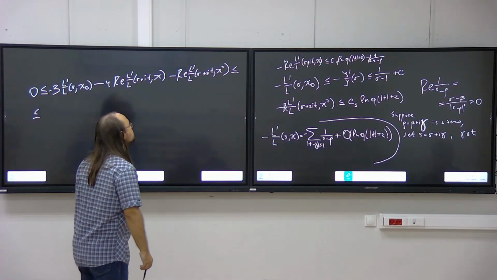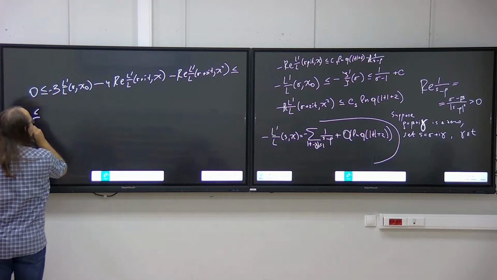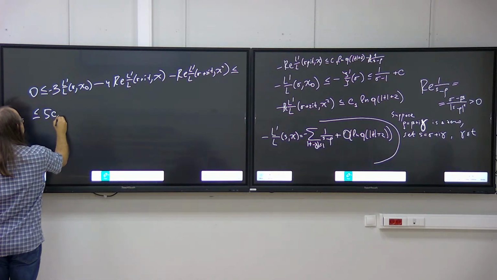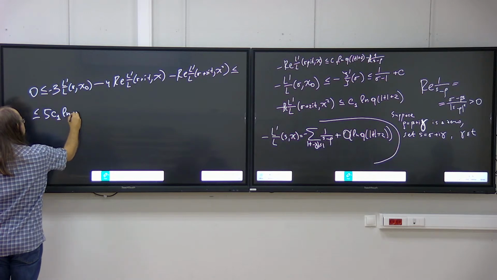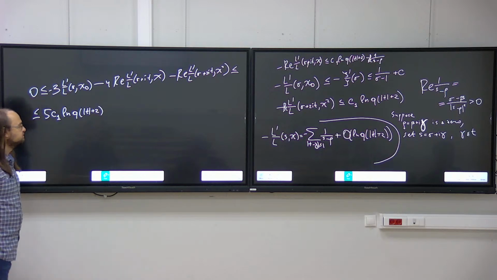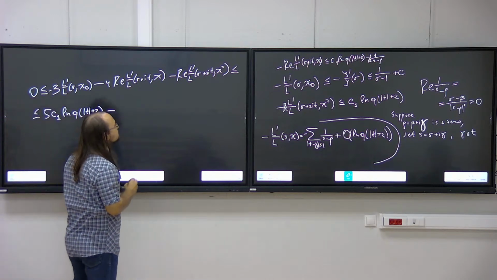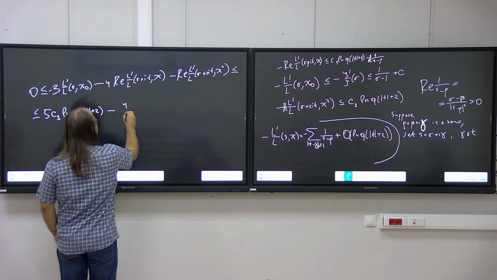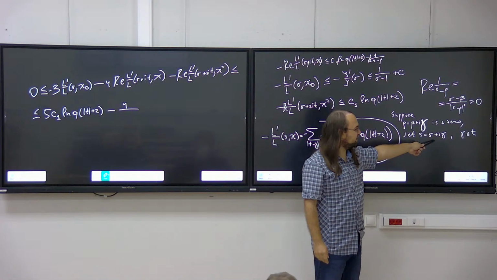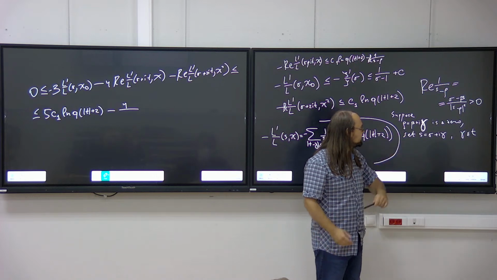At most 5 C1 logarithm q absolute value of t plus 2, minus 4 divided by, then we remember that s is sigma plus i gamma and rho is beta plus i gamma.